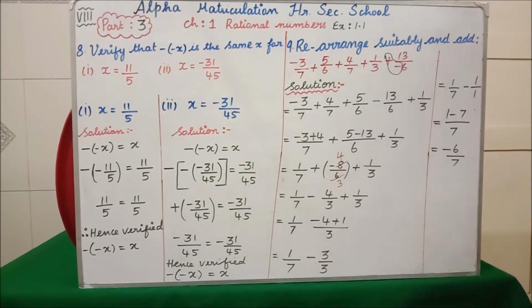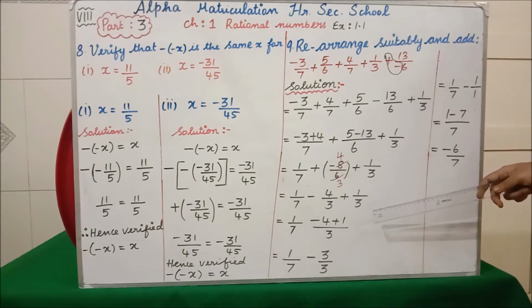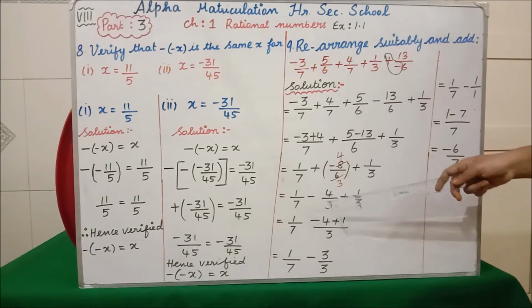So minus 4 divided by 3 plus 1 by 3. Clear, all of you? This 1 by 7 I am writing here. Now here also the denominator is 3, here also the denominator is 3. So we can write 1, 3 and add the numerators.